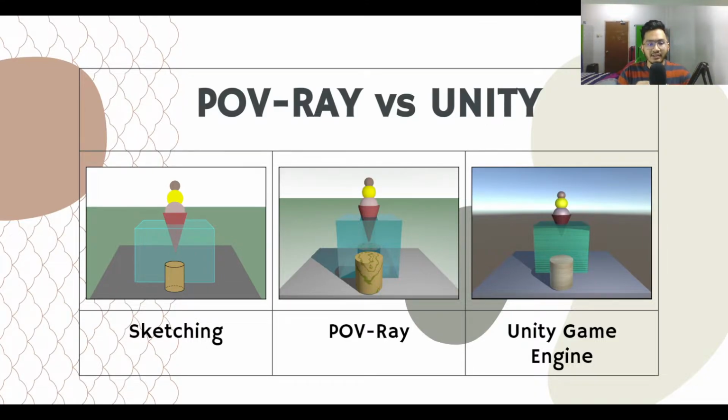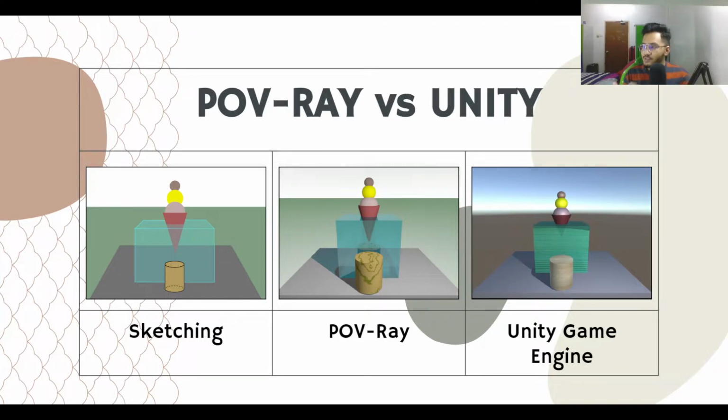Below there will be a plane that holds up the glass cube and also the wood cylinder. For this part, we did the sketching in Canva.